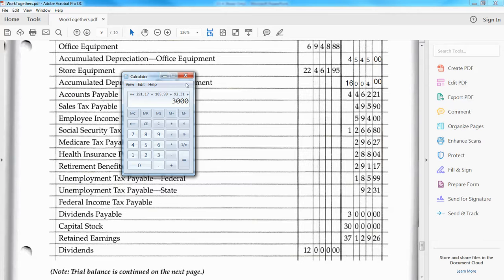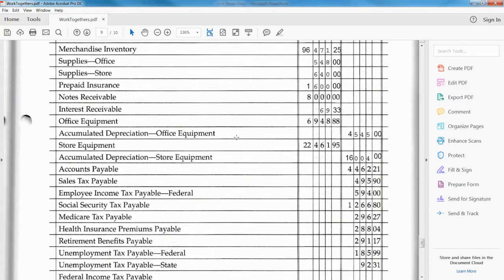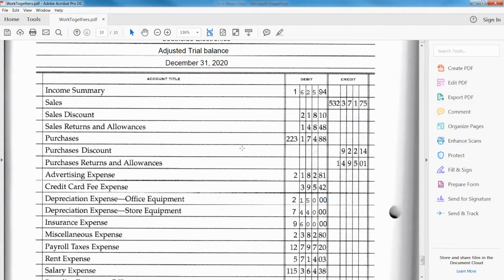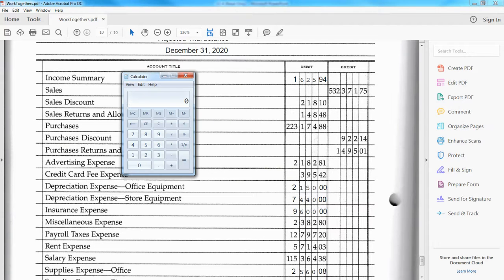Oh, I can't believe this. All right guys, I screwed up and I don't want to redo this whole thing, because I was only supposed to do the accounts that are on the income statement, which would start with income summary. So I've got to do the math over again here. So we're doing the credit columns from income summary on down.